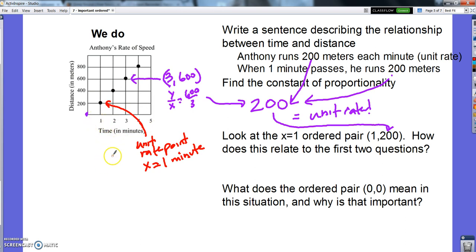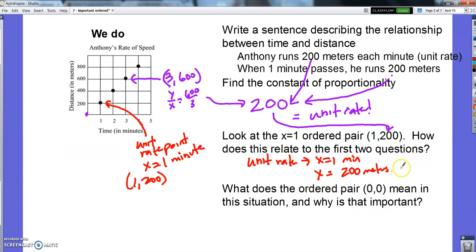So if I look at that point, 1, 200, that is the unit rate right there. x equals 1 minute, y equals 200 meters, because he's doing 200 meters per minute. That's what's going on in the situation.